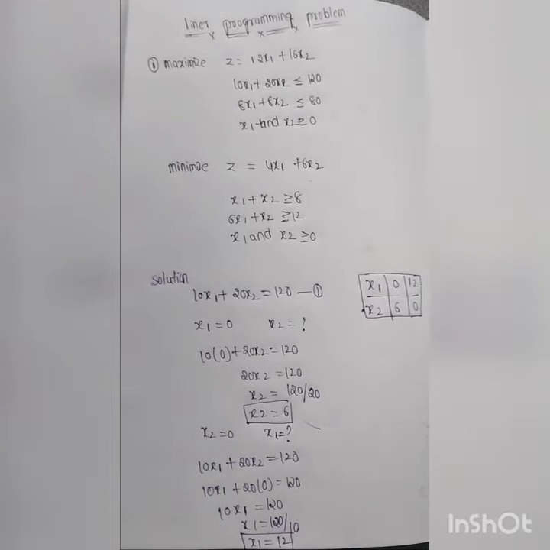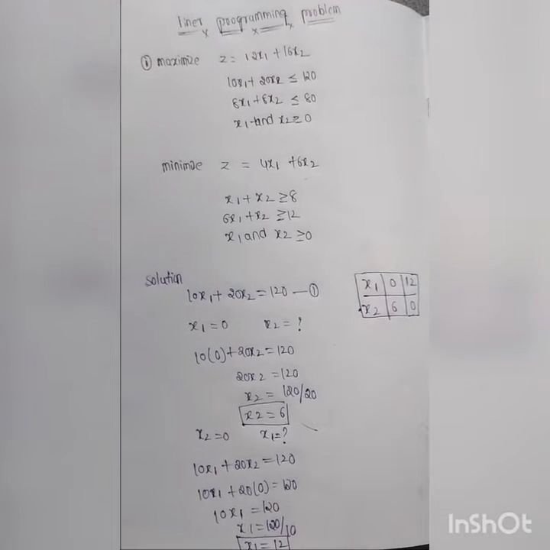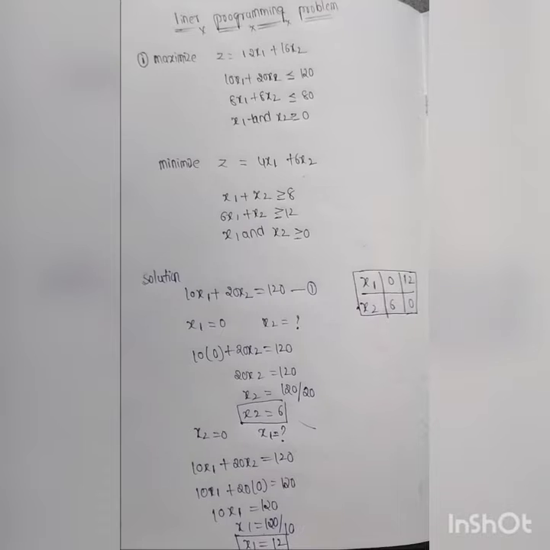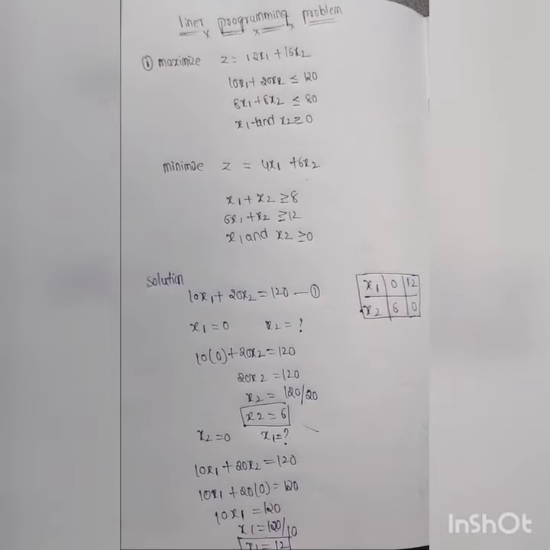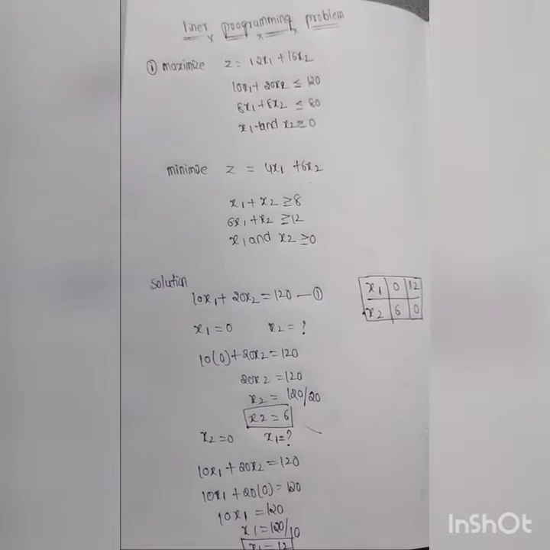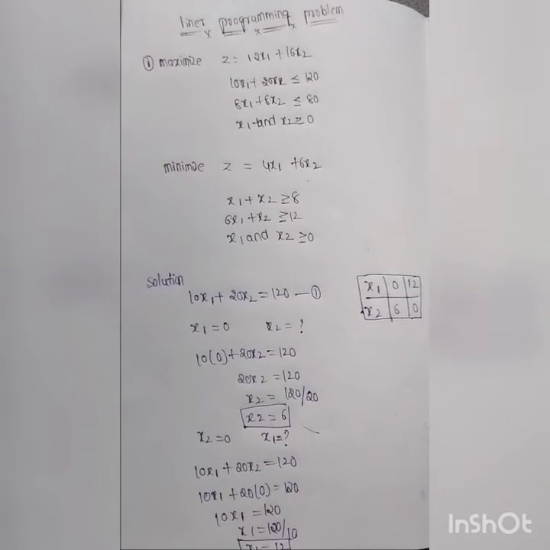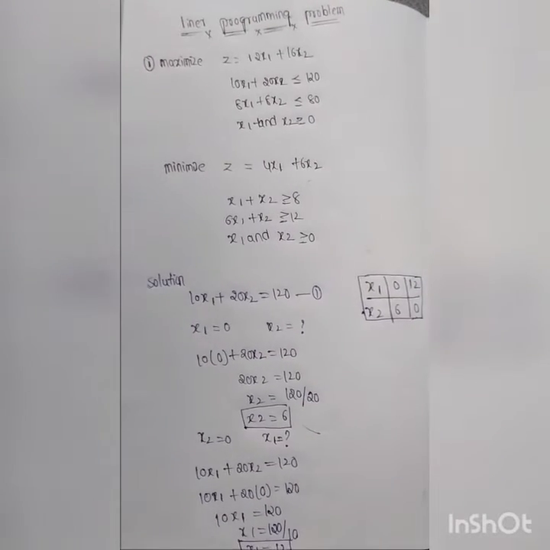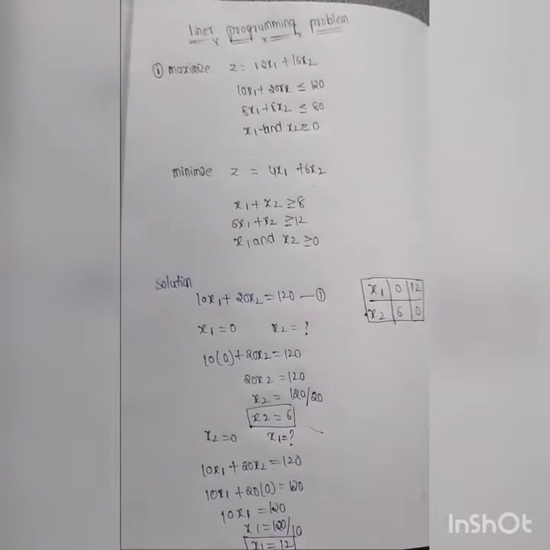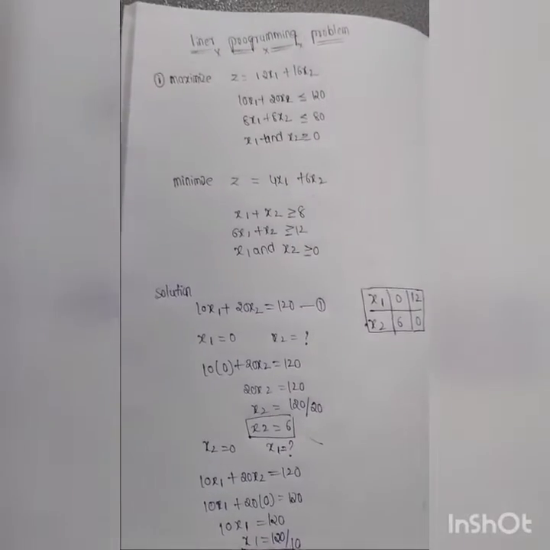So here in graphical method there are different models. With the help of LPP graphical methods you are able to find the optimum solution. In LPP we have different methods, for example graphical method, simplex method, dual simplex method and big M method.